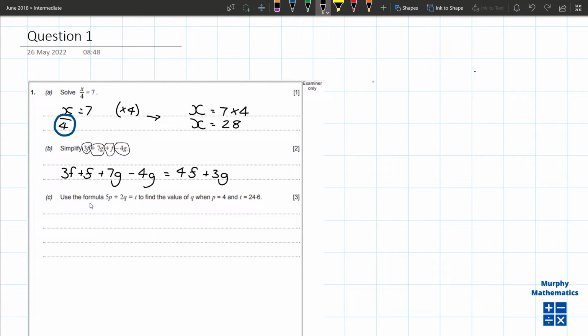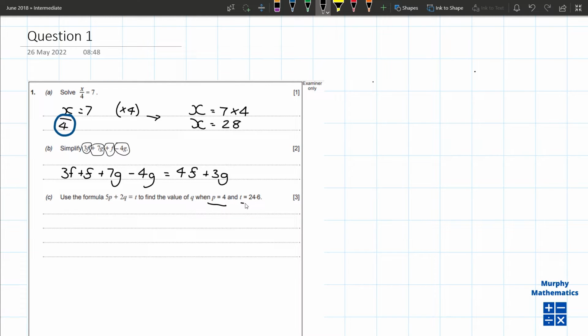Okay, now the next question, use the formula 5p plus 2q equals t to find the value of q when p equals 4 and t equals 24.6. So what we're going to do is find out what q is when p equals 4, t equals 24.6. Whenever I see p, I'm going to sub in 4.